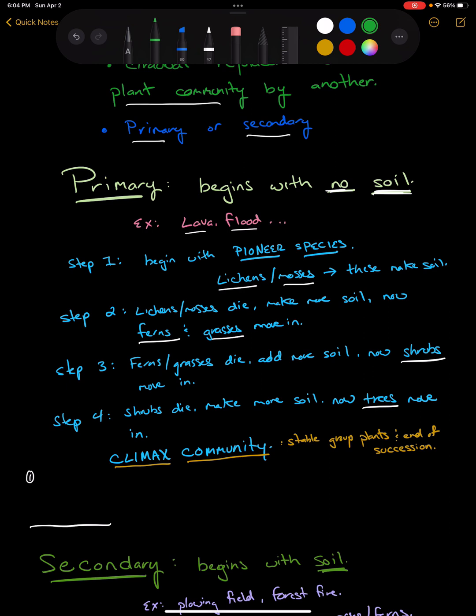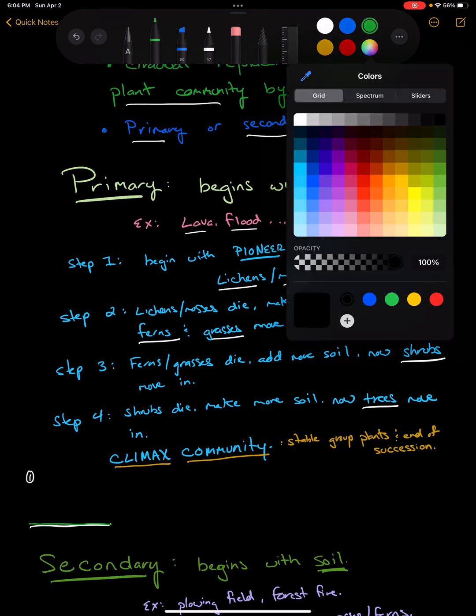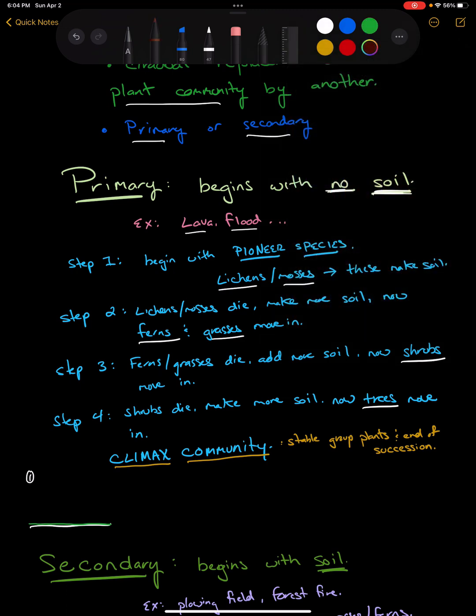These organisms make soil. And so if I have these lichens and moss growing on this bare rock, they have things that look like roots, but they're not really roots. They're just tiny little projectiles, essentially. But those things are going to grow into the crevices of that rock, okay? And when those things grow inside the crevice of the rock, they're going to break that rock down and make it more fine so it's not crazy solid.